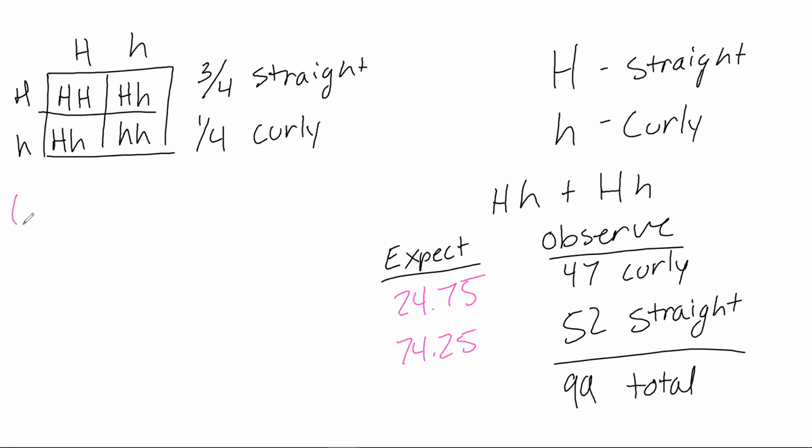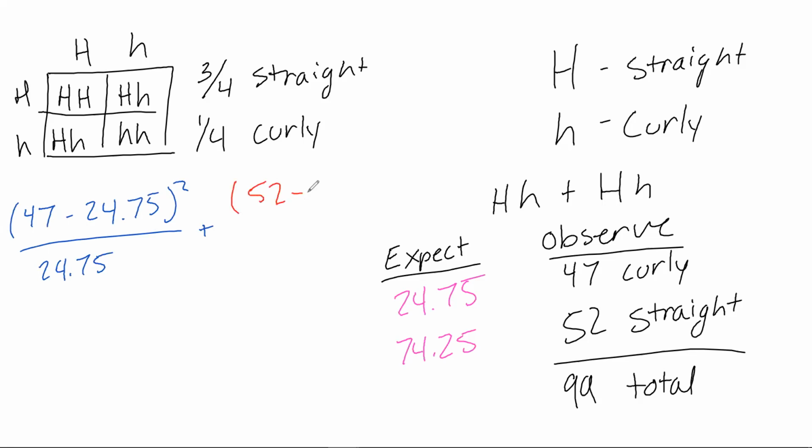What's my observed? 47, minus my expected, 24.75, squared, divided by 24.75, plus, in a new color, the straight hair: my observed is 52, minus my expected 74.25, squared, divided by 74.25.